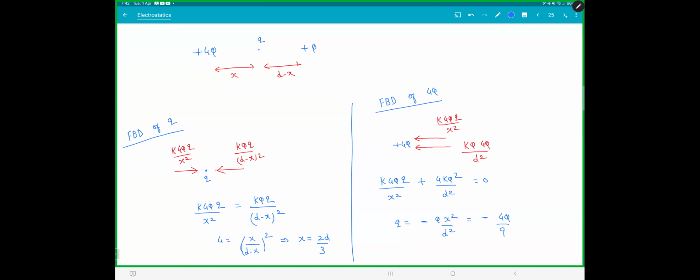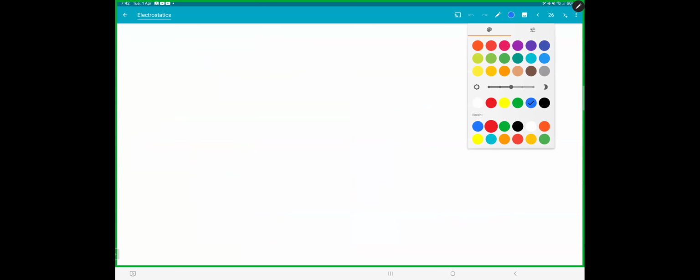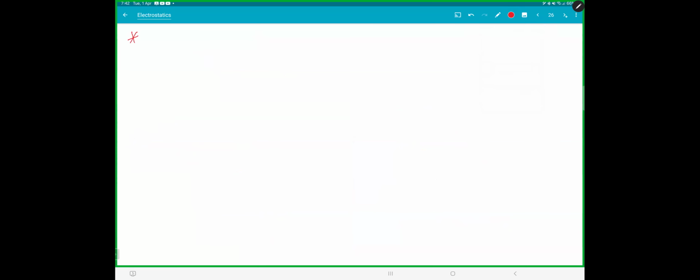Next thing. What happens if you put charges in a medium? So till now, whatever we did, everything was in vacuum. So if you have force on charges in a medium, something happens, things start getting messed up.